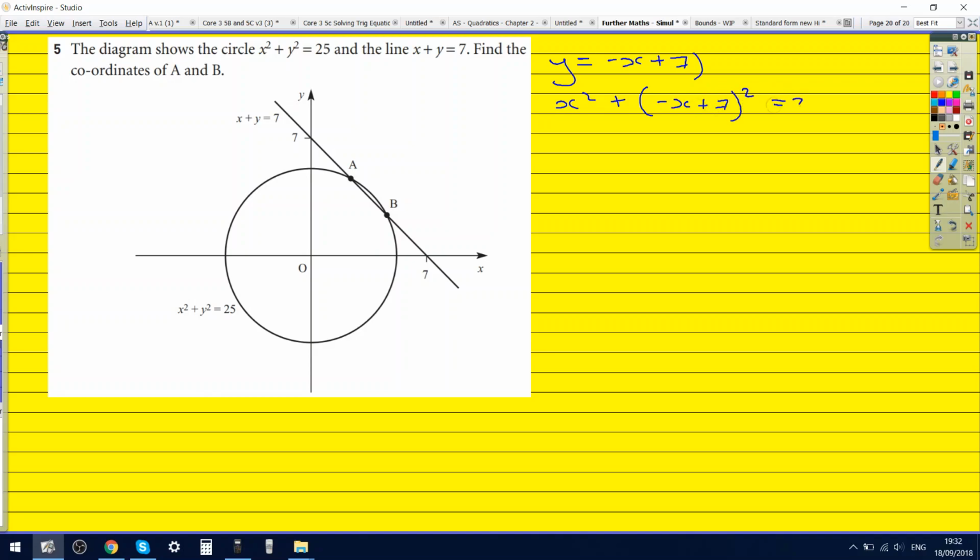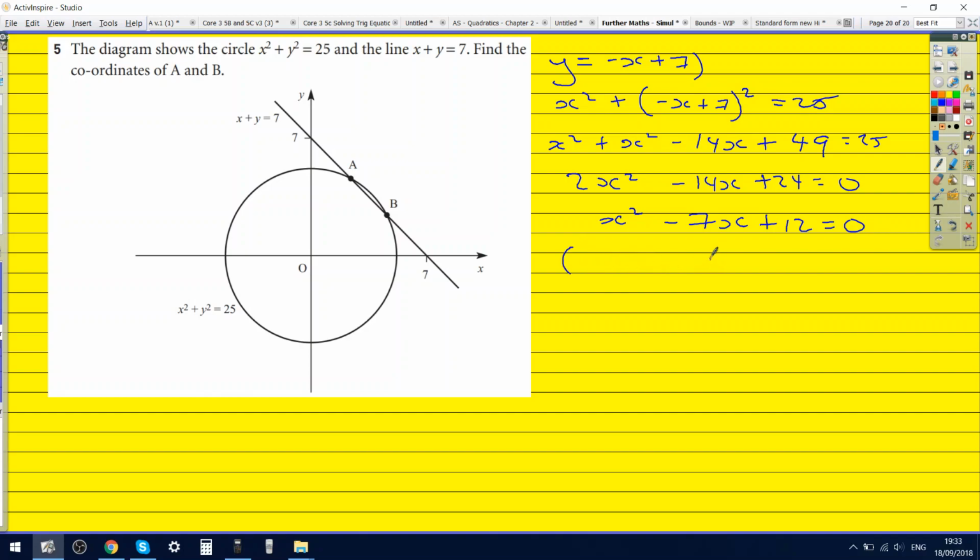X squared plus x squared minus 14x plus 49 is 25. 2x squared minus 14x plus 24 is 0. We can divide this all by 2. X squared minus 7x plus 12 is 0.